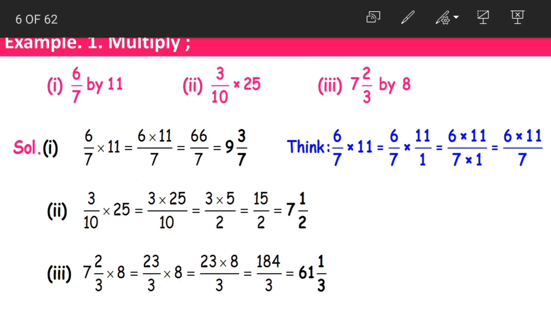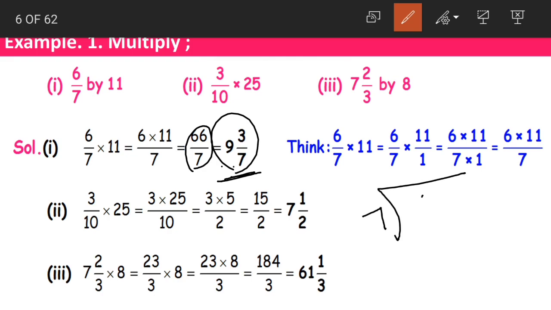Yes, 66 by 7. Now if you look at this 66 by 7, we can again convert it into a mixed fraction. Yes, 9 3 by 7 is simpler than 66 by 7. So we'll convert it. How do we convert? 7 is the divisor, 66 is our dividend.